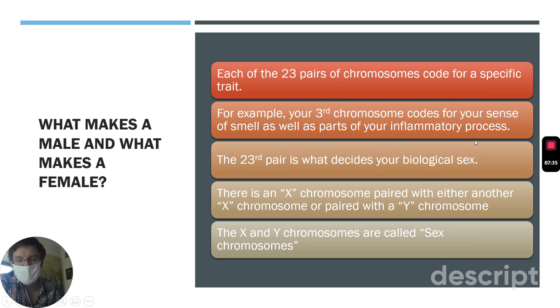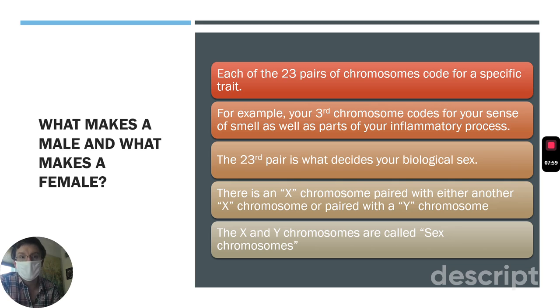Now, with that being said, we're going to talk about autosomes, sex chromosomes, and what makes a biological male and a biological female. Okay, so we've already gone over several times by now that humans have, if everything goes well, 46 chromosomes in total with 23 pairs.